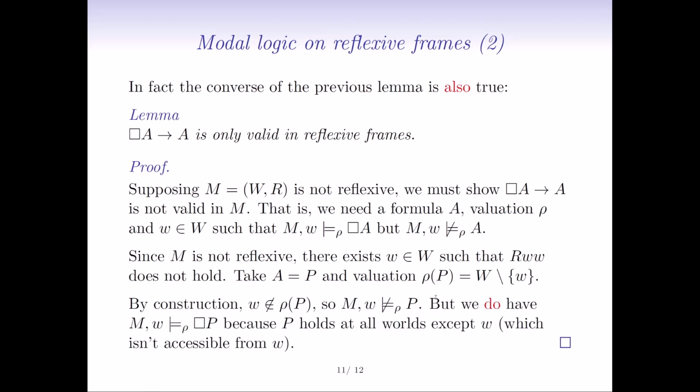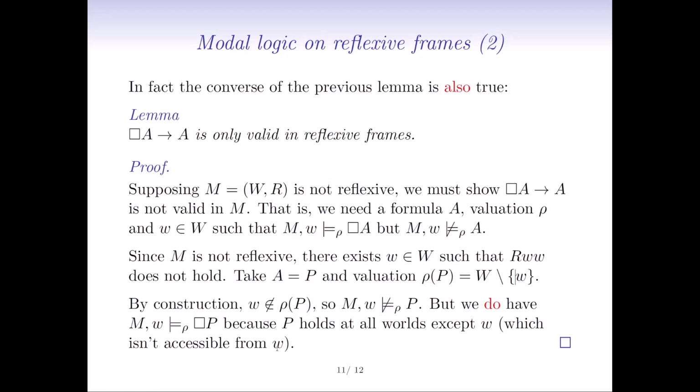But in fact, we must have that box P is true at W. Why? Because W satisfies box P if P is true at all worlds accessible from W. And we know that it must be because I made sure that it is true everywhere except W. And we don't have to worry about the fact that P is not true at W, because we already know by non-reflexivity that W is not accessible from itself.